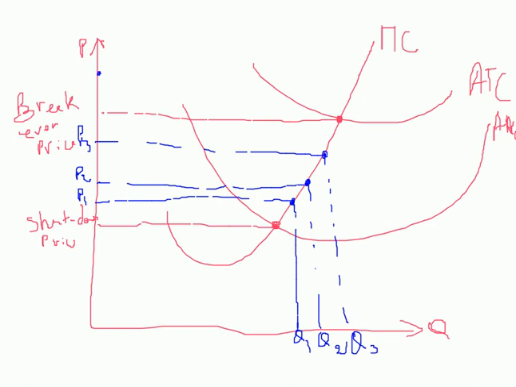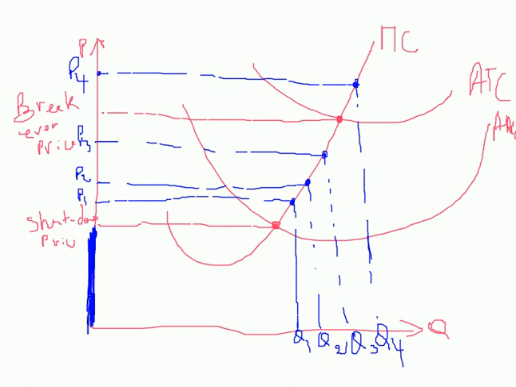When the market price is equal to P4, the firm produces Q4, and when the price is lower than the shutdown price, the firm produces 0.